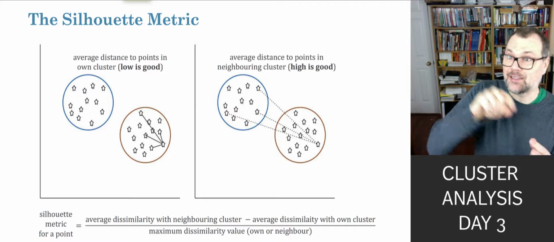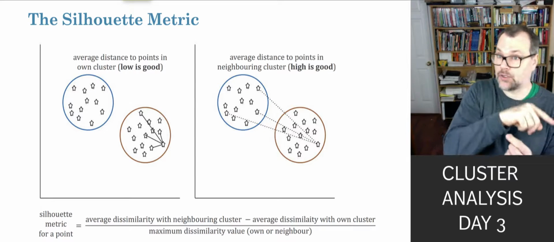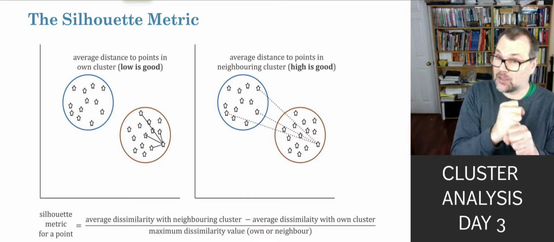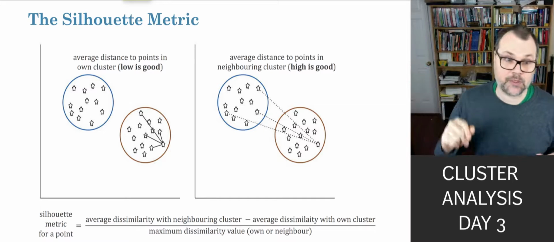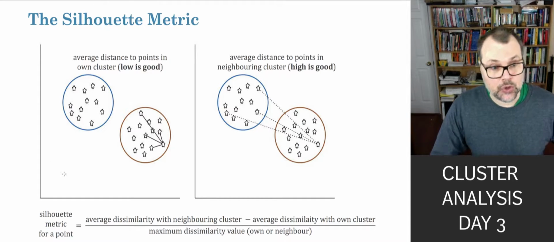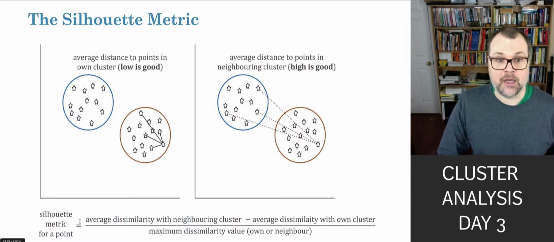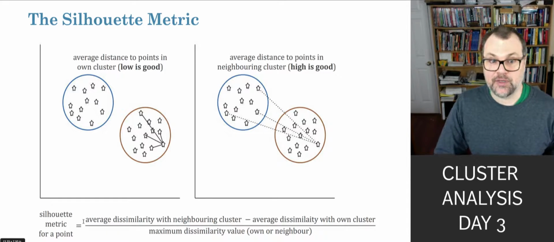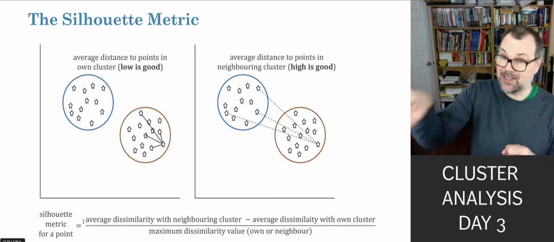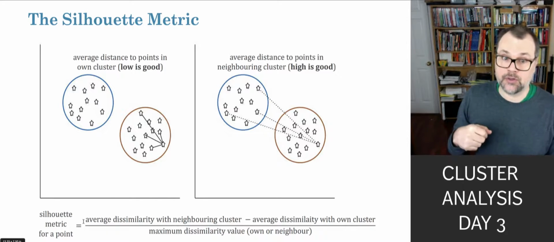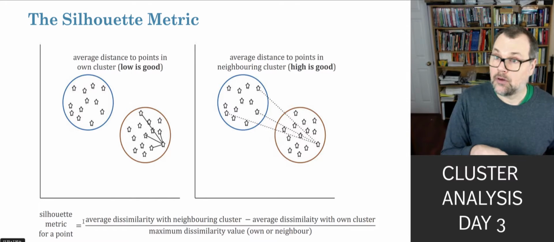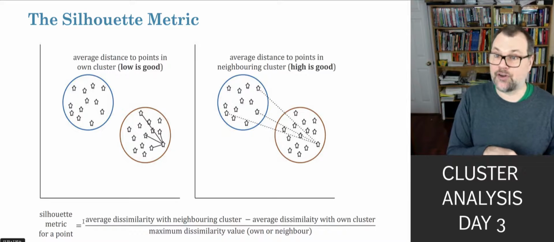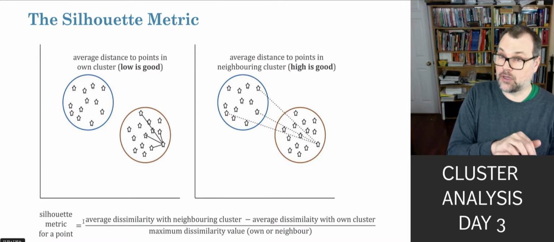And you want the distance to points in the other clusters to be high, because you want the clusters to be isolated as much as possible. So you compute the silhouette metric by looking at the average dissimilarity of a point with its neighboring clusters, all the other clusters, and you subtract from that the average dissimilarity within your own cluster.